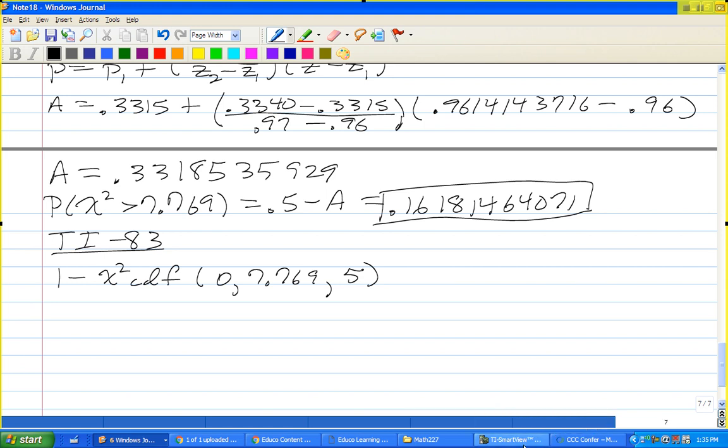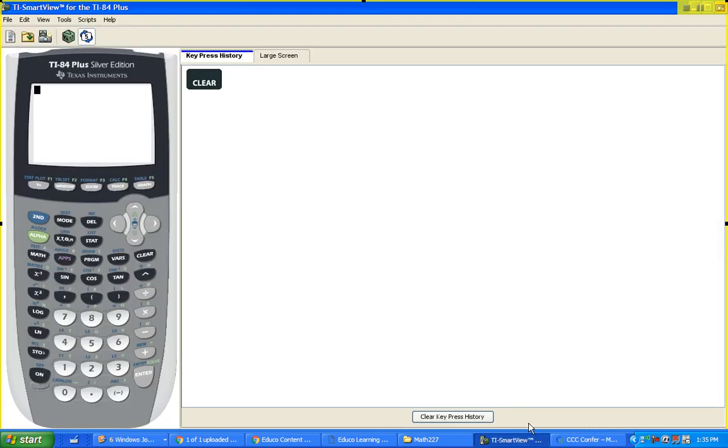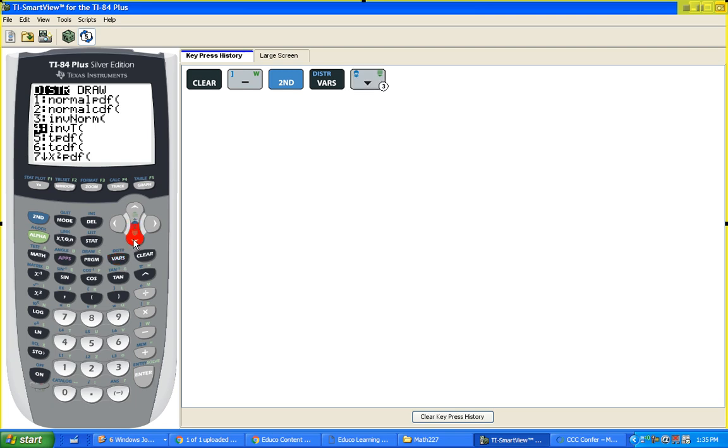I should do 1 minus, there it finally, get the distributions, go to chi-squared, which is actually the 8th one down. So the chi-squared CDF.